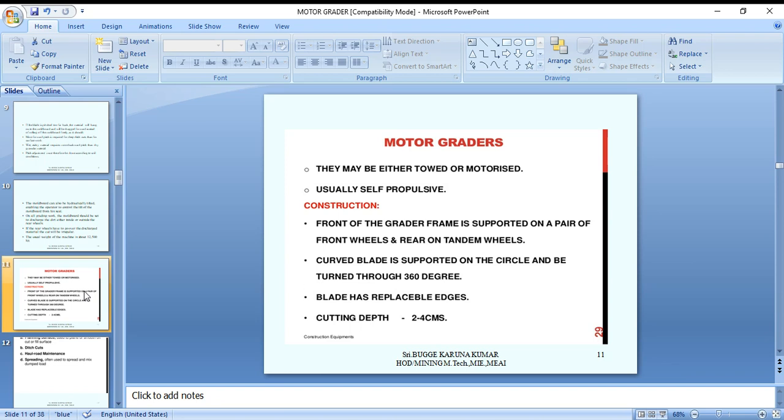There are four wheels at the rear, two pairs on the back side, and one pair on the front side. So this is the basic structure of the motor grader. The front of the grader frame is supported on the pair of front wheels and the rear on the tandem wheels.